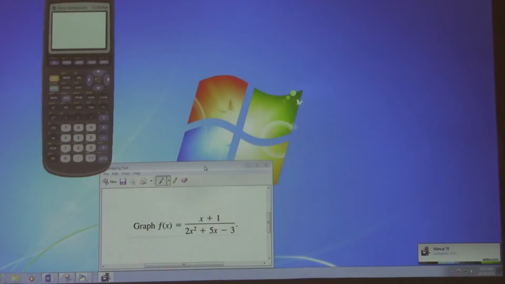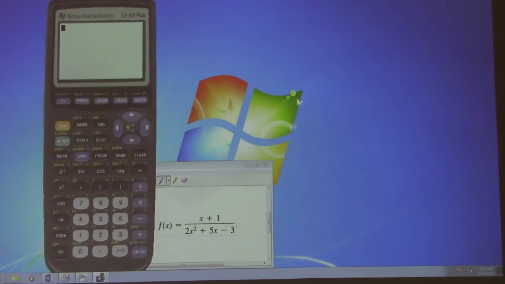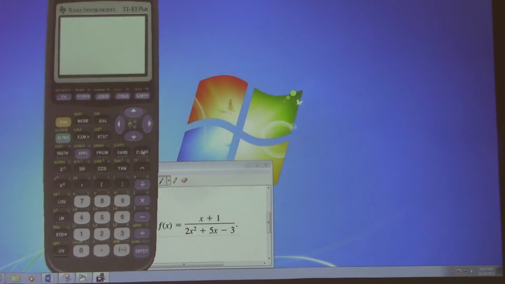Because I'm going to be honest with you, there's no way, unless you're Rain Man, that you're going to be able to keep up with all these different graphs. And I'm not going to take the time asking you to memorize them.